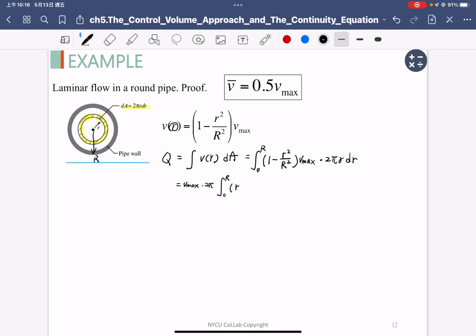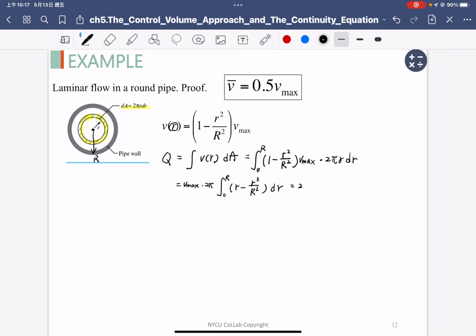So here is r minus r cubed divided by R squared, and still have dr here. Right now we only have functions related to r, and we do the integration.